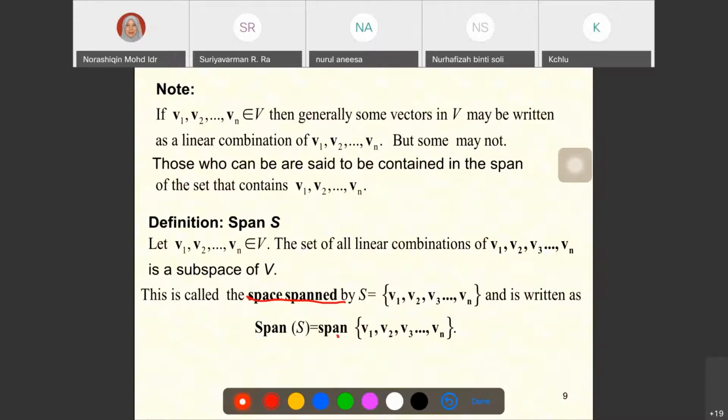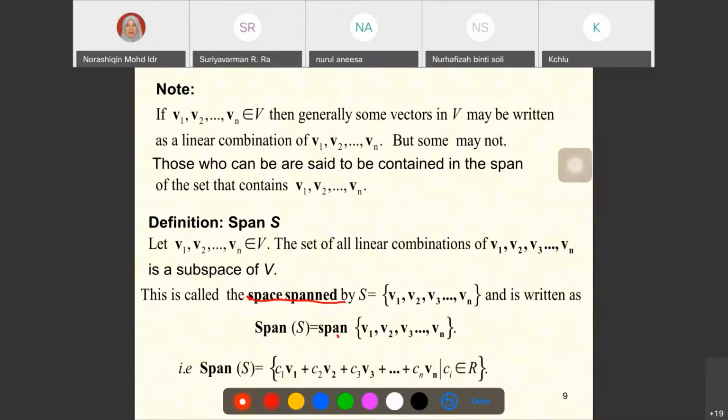And what does this mean? The set span S contains all the linear combinations C1 V1 plus C2 V2 plus C3 V3 and so on, where all the Ci's are in R. So that's why we learned about the linear combination just now, because we want to find the set span S.